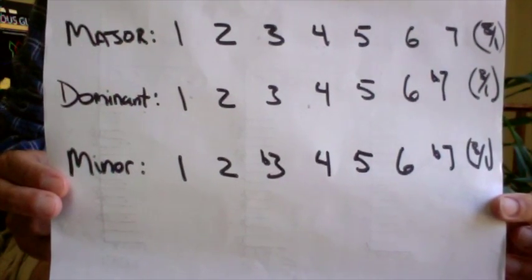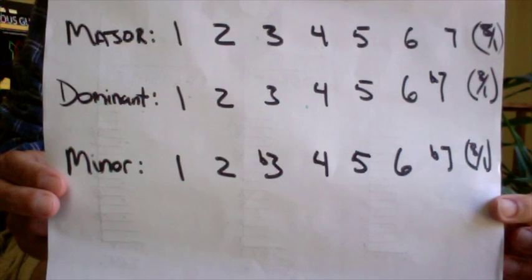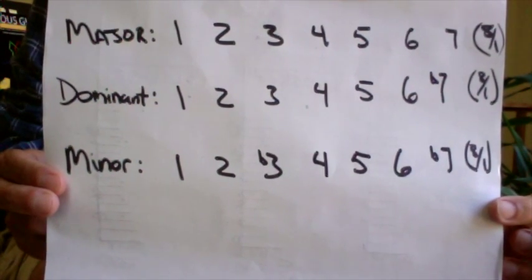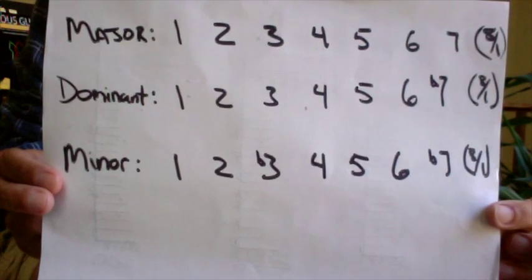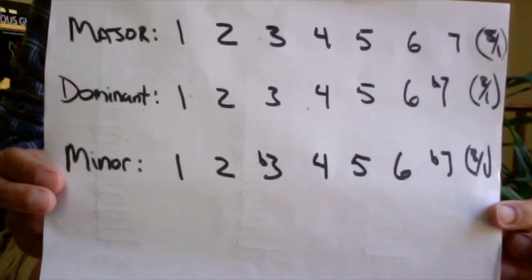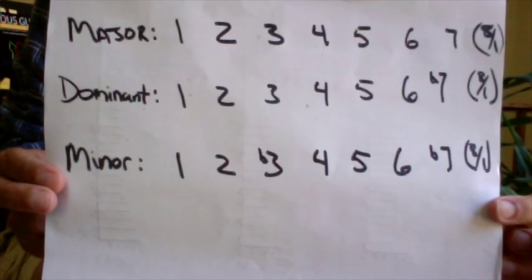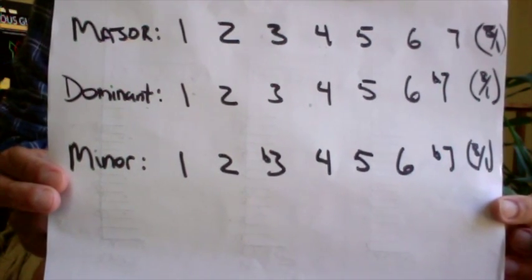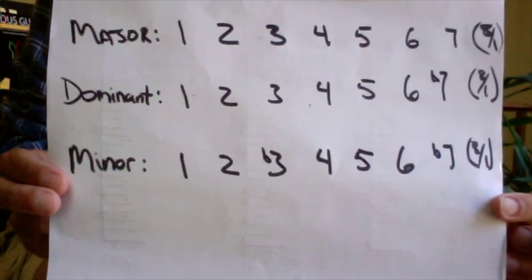Okay, now look down at the minor scale on the bottom. I'm going to ask the same type of question about the minor scale. This should be relatively simple. What interval do you see in the minor scale that does not appear in the other 2 scales? Again, what interval is in the minor scale and not in the other 2 scales?